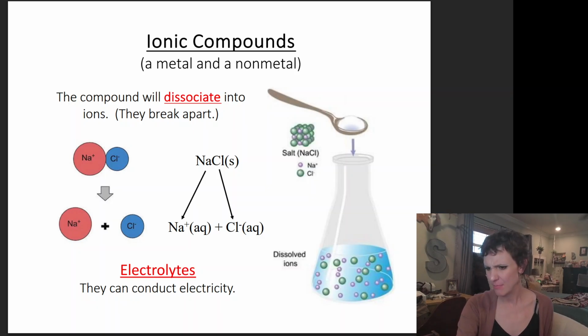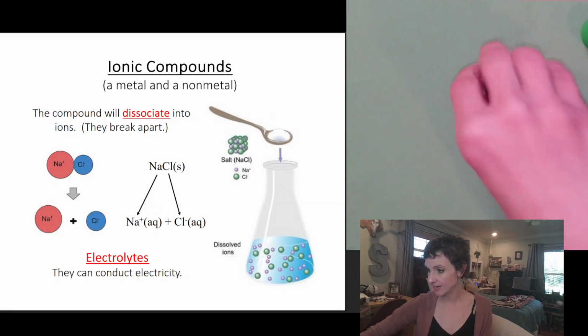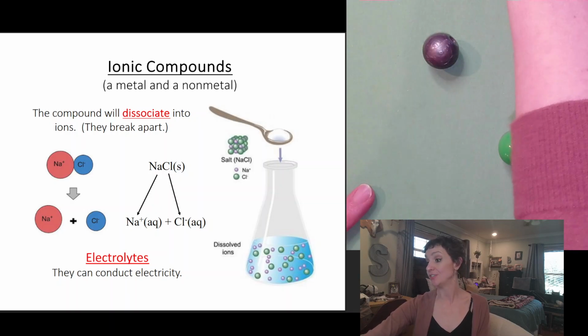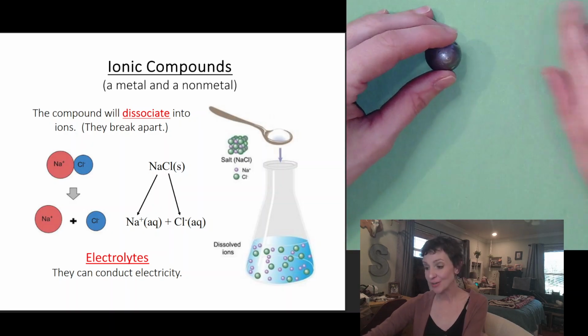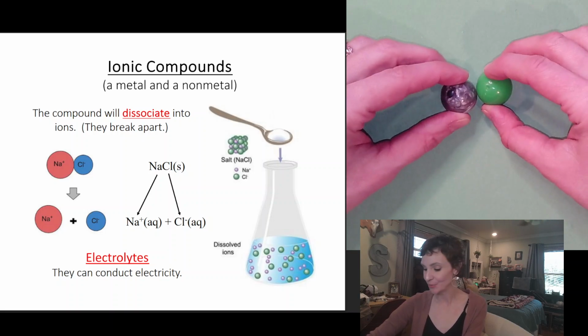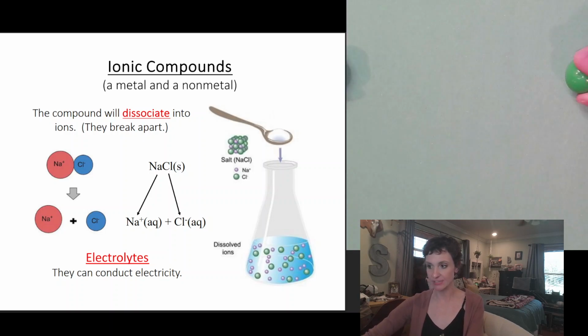Maybe visualize this down here. Here's my crystal lattice structure. If I dropped a whole bunch of sodium chloride particles into water, all of them would spread out. If I focused on just one individual formula unit of sodium chloride and put it in water, it dissociates.